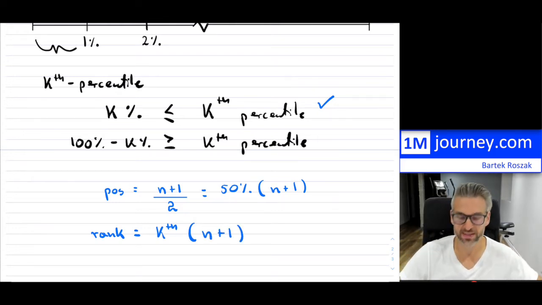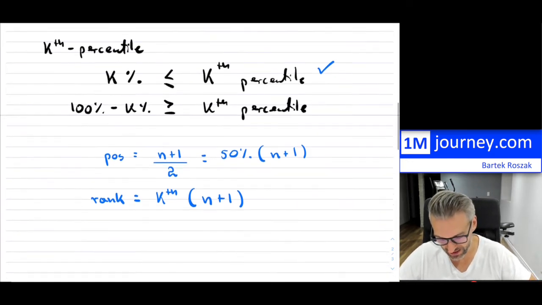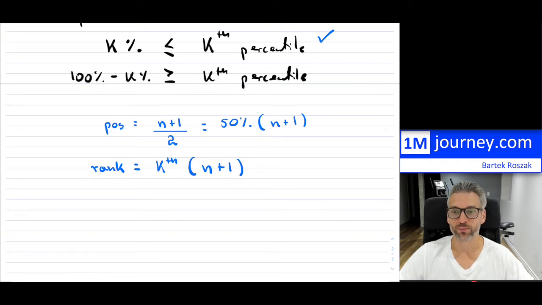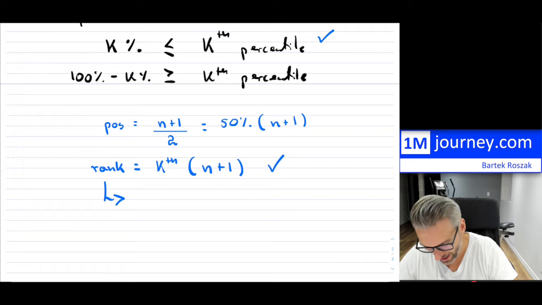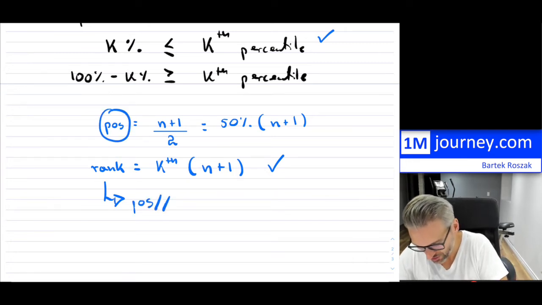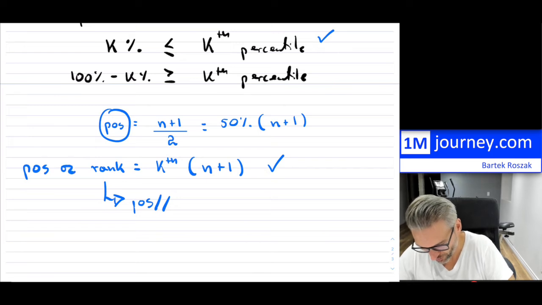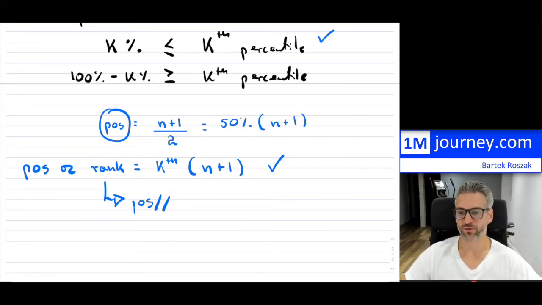Now when it's the median, that was the 50th percentile, because it was the middle. But what if it is something else? What this finds you is the actual rank or the position. That's why it was called the position. So you can call it position or rank, at least that's what I refer to it as. It will depend on the teacher.